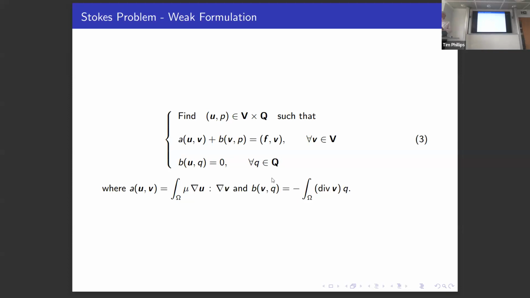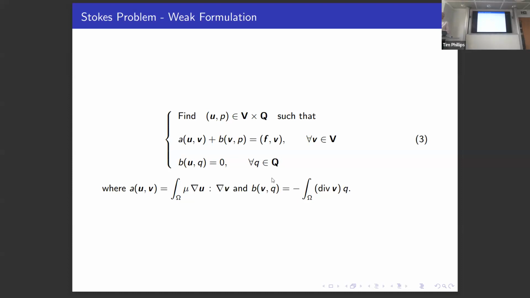So let's look at the weak formulation. You take the governing equations, typical sort of finite element construction, you multiply by a test function, integrate some terms by parts, and we end up with the variational problem given by this set of equations.